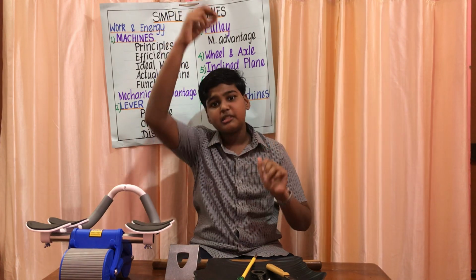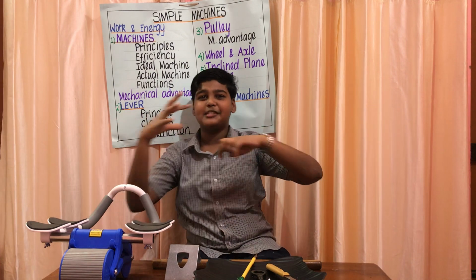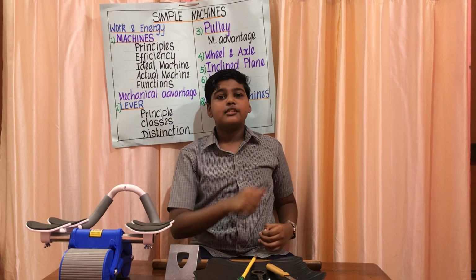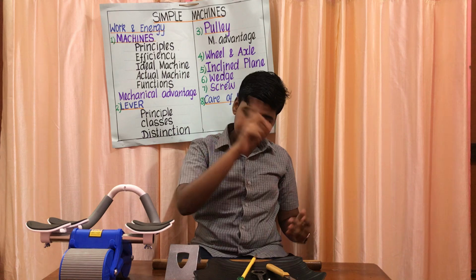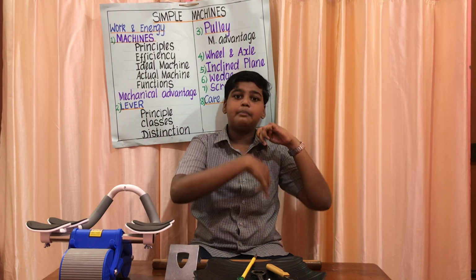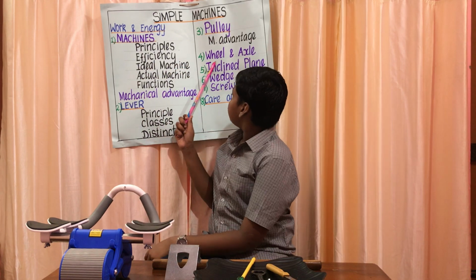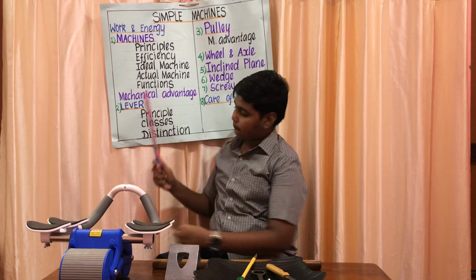Sometimes it's difficult, sometimes it's convenient, but we can't make a crane go into a huge building, right? So for that we use either a staircase or a ramp. With the help of that, the heavy equipment can be taken to the other floor. Understood, friends? So these are the uses of the inclined plane.